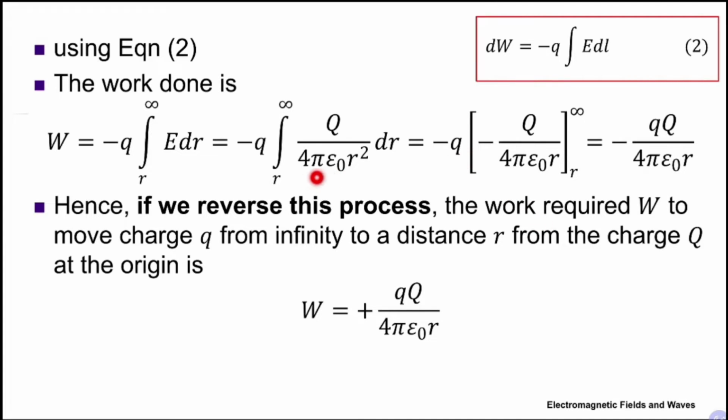Q over 4 pi epsilon naught is simply a constant, so it doesn't change in our integral. So 1 over r squared becomes minus 1 over r.